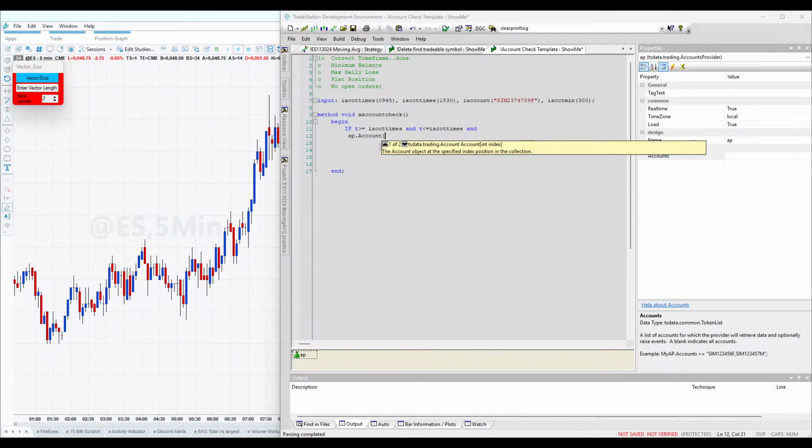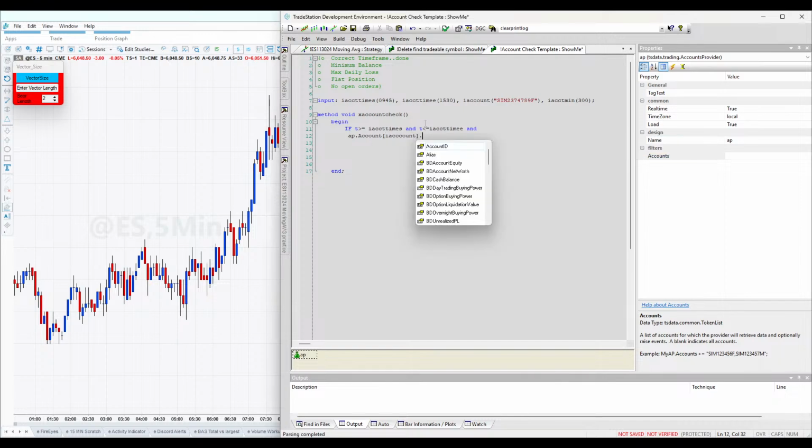But if you want to reference an account specifically, then you need to put the account name. If I hit the down arrow, it'll say what is the string account ID, the string name. This is the string here. So we'll put I account, and that is a string, so that's fine like that. And then with a dot, we'll say what is the real-time cash balance.